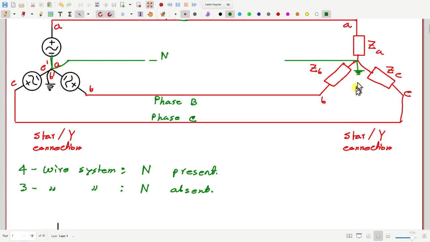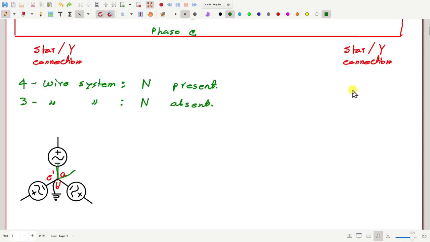When you ground the two star points, then the earth will act as the neutral line.